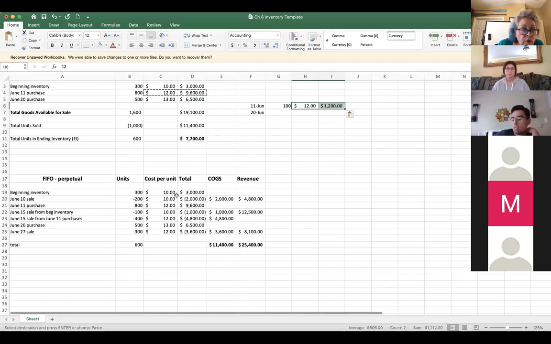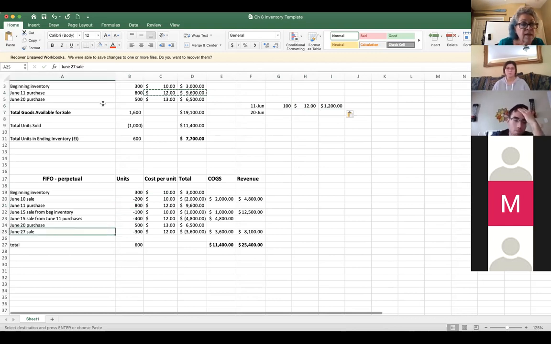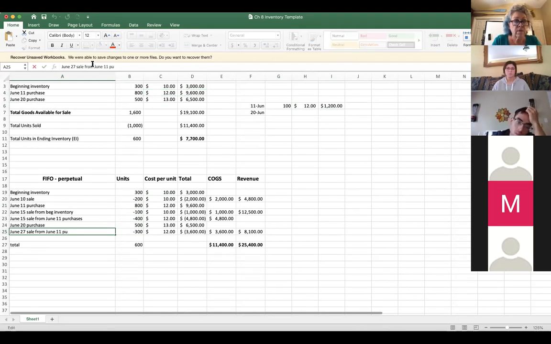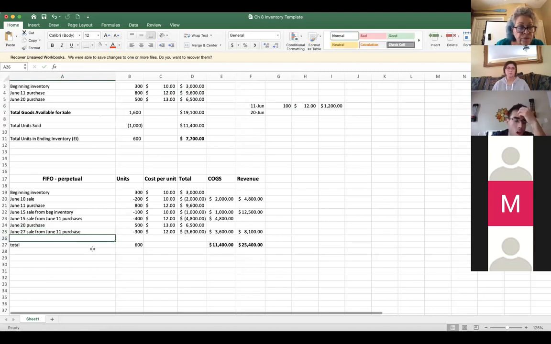And we got that 100 because we know we sold everything from beginning inventory. I had 800 that I purchased on June 11th. I sold 400 from June 11th, and then I sold 300 on June 27th, which left me with the 100.